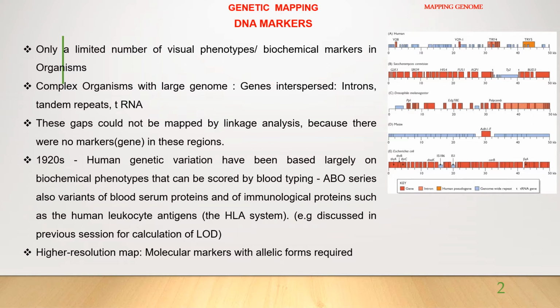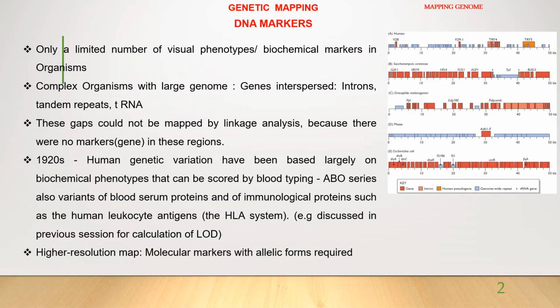The gene sequences are interspersed with sequences of introns, repeating sequences, etc. Mapping of genes at these regions are difficult due to absence of markers. For a high-resolution genome mapping, additional genetic markers are required. DNA markers can be used as markers in such instances.